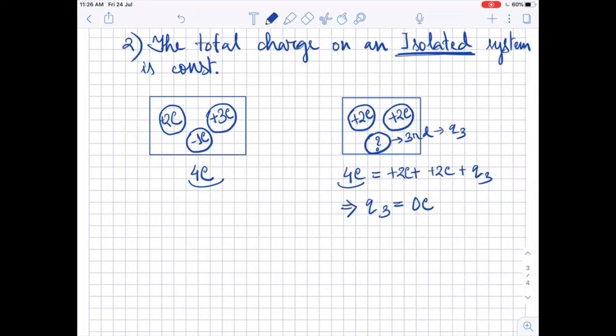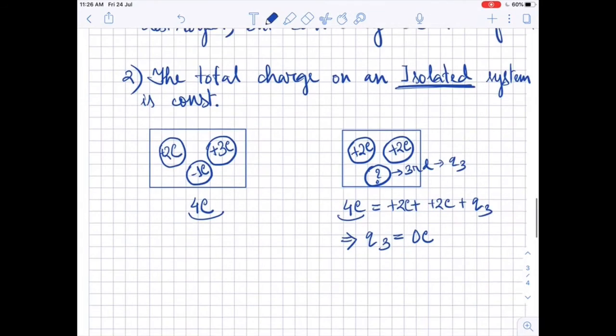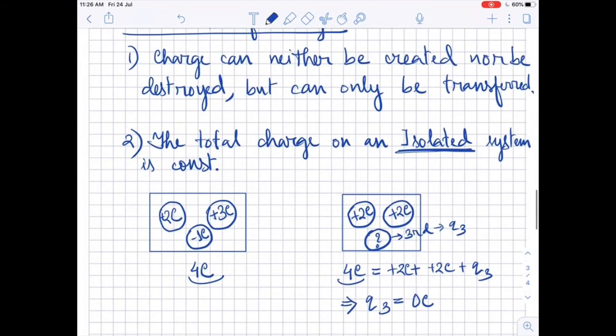Which means if the system is isolated, inside the system there can be changes, but as a whole the net charge will be conserved. Charge can neither be created nor destroyed, but only be transferred.